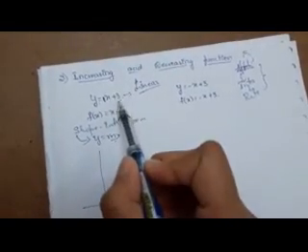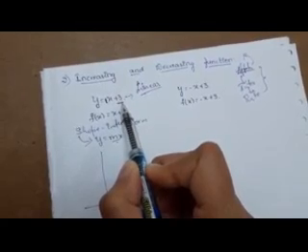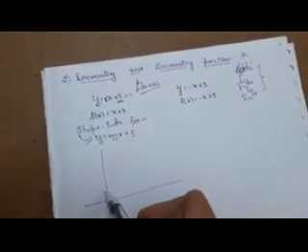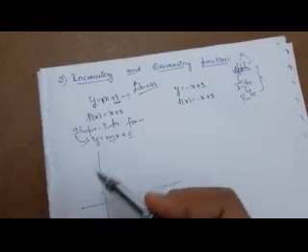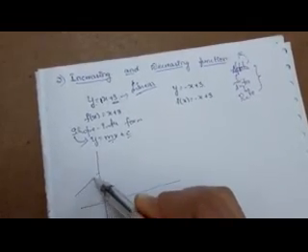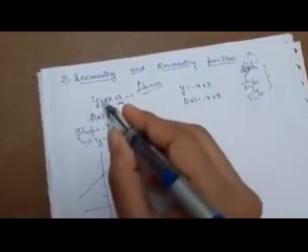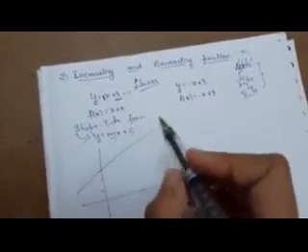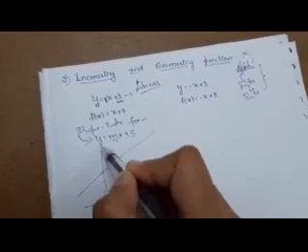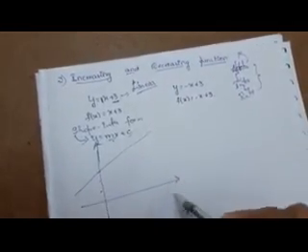After that, 3 is the y-intercept. So 1, 2, 3, which is making an angle of 45 degrees. So this is the line y is equal to x plus 3. This is the graphical representation of that equation.